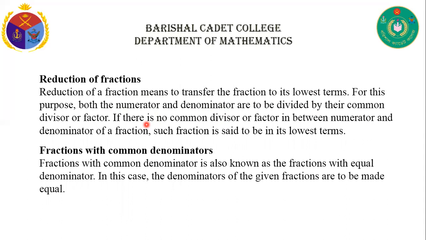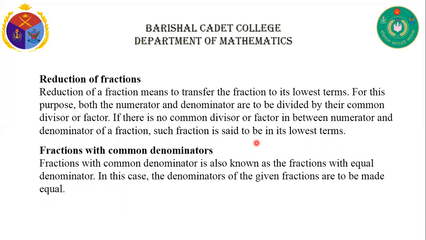So we can divide numerator and denominator by 3. If there is no common divisor or factor between the numerator and denominator of a fraction, such a fraction is said to be in the lowest terms. When we cannot simplify the fraction, then it is called the lowest terms.